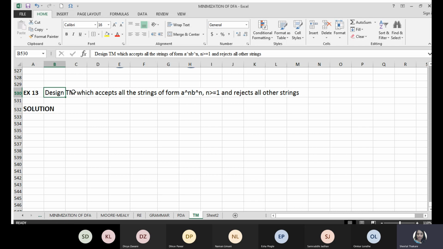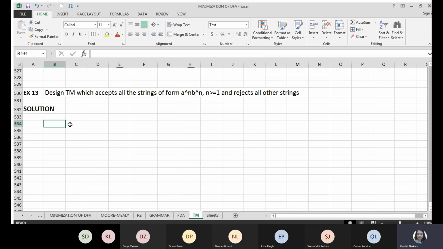Here we are going to design the Turing machine. Again you need to remember that the minimum value of n is 1. So when you say minimum value of n is 1, your initial state Q0 should not be final state, or else it will accept the string of length 0, that is null string.